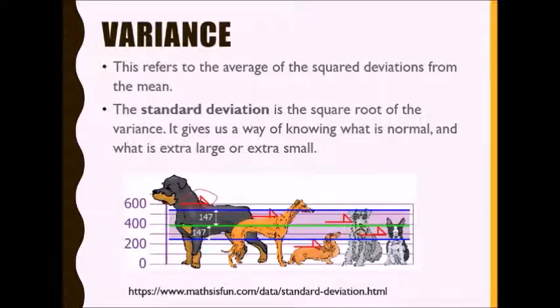It is extra large, or larger than what is normal. Then, for example, 400 minus this 147, if something is smaller than that, it's not normal as well. So, it's an extra small measurement.